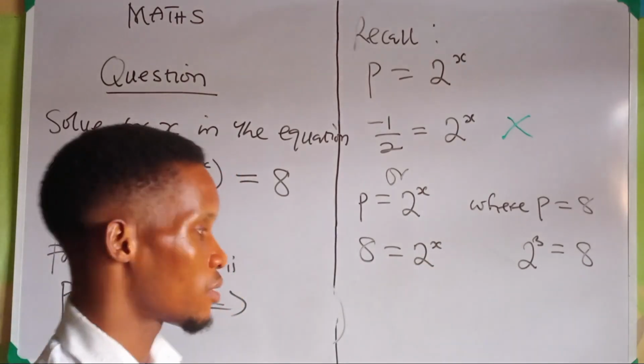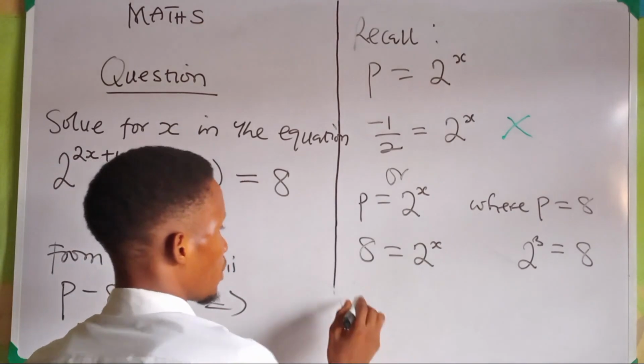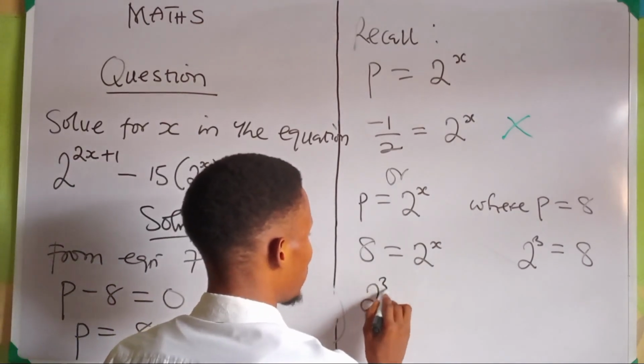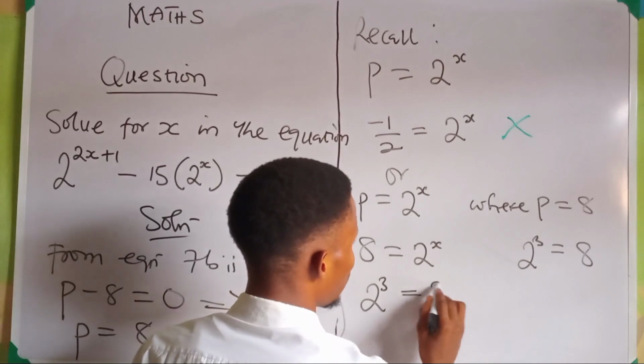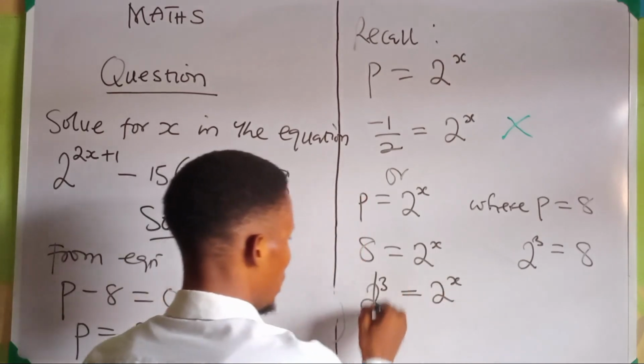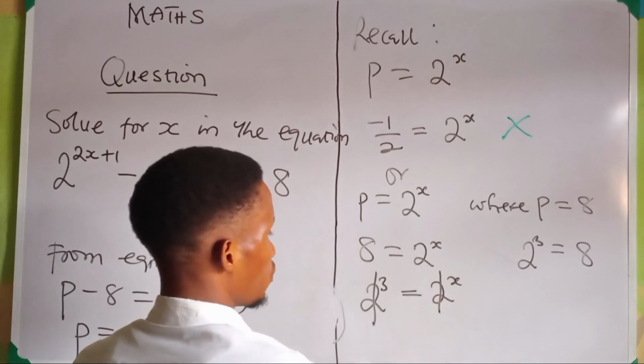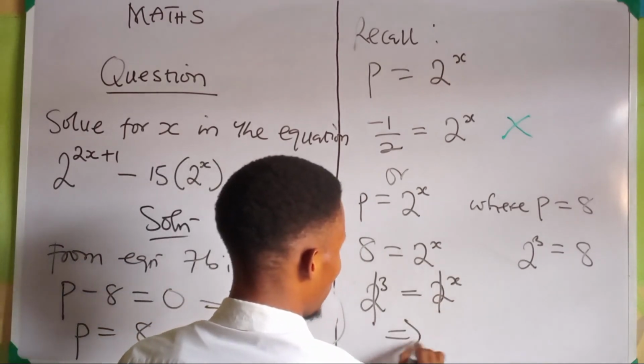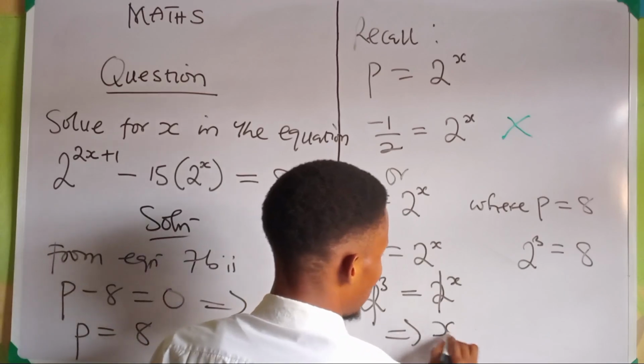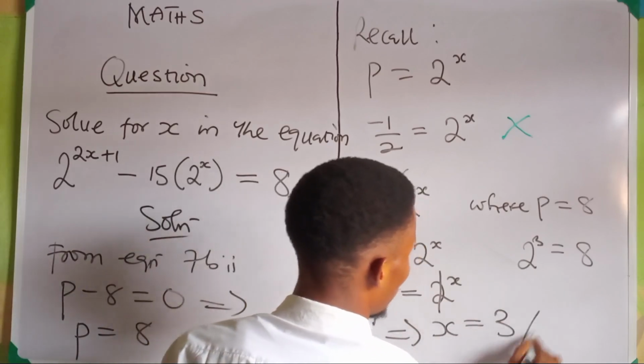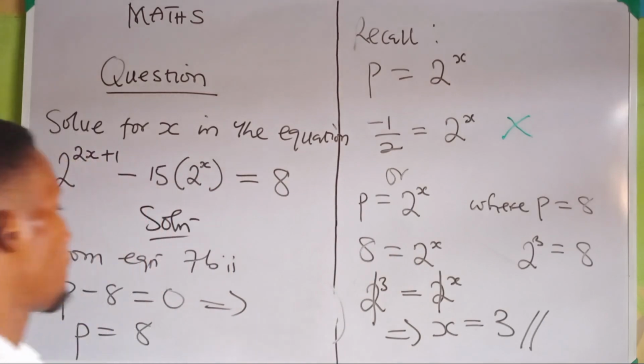It's very important. So if we do that, you're going to have 2 raised to 3 is equal to 2 raised to x. Then 2 will go against 2. This now implies that x is equal to what? 3. That's the value of x.